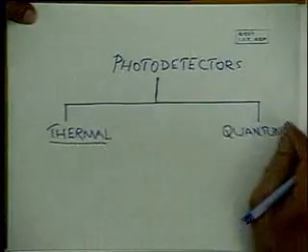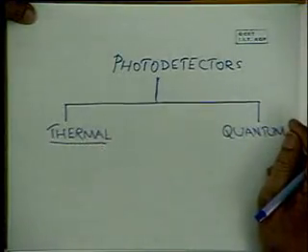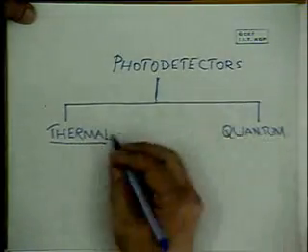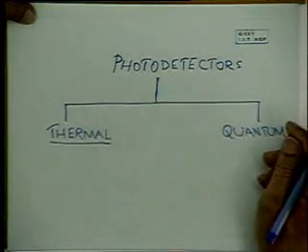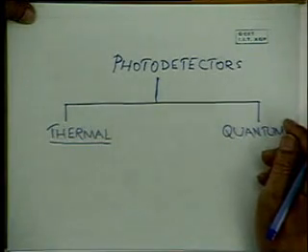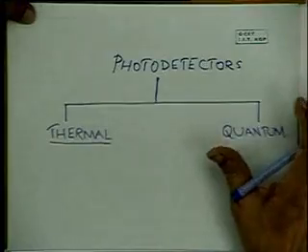Historically, thermal detectors were the first type to be discovered. This was in the 1820s and 30s, when it was found by Herschel that the electromagnetic spectrum was not just limited to the visible, but it extended into the infrared.